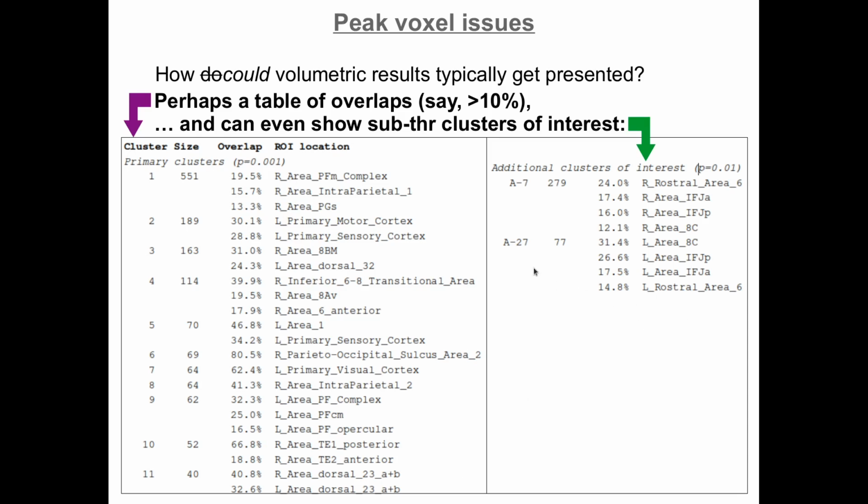And it even allows for the idea that you could talk about clusters that have a lower p-value. So getting back to the idea of not being so sensitive to arbitrary thresholds, because where you draw your clusters is sensitive to that choice, you can actually still accommodate in this model regions that are maybe of interest, and the researcher is welcome to decide what those are that they want to talk about.